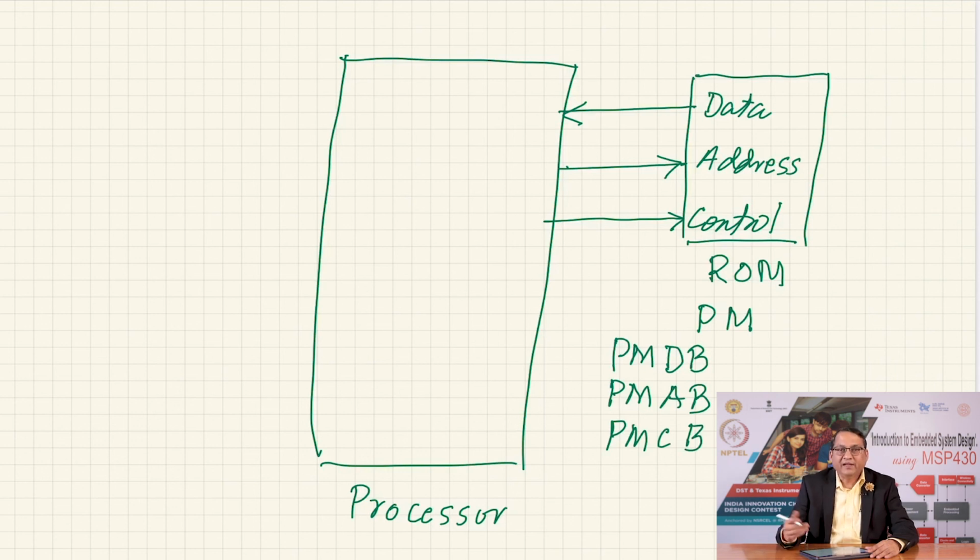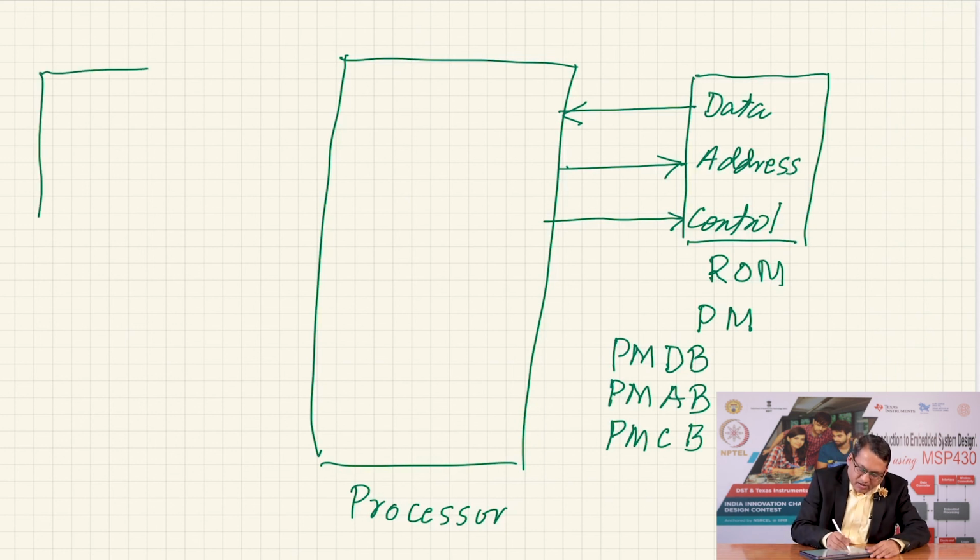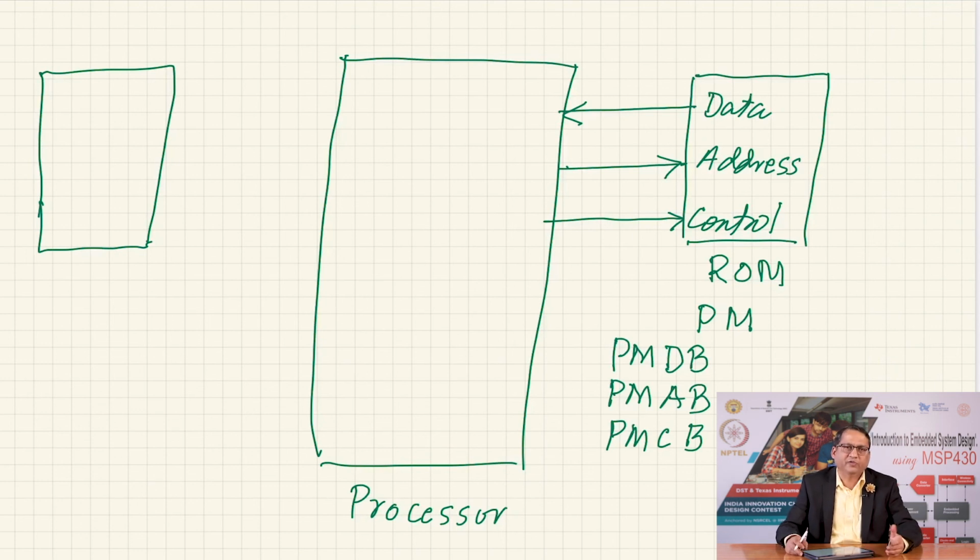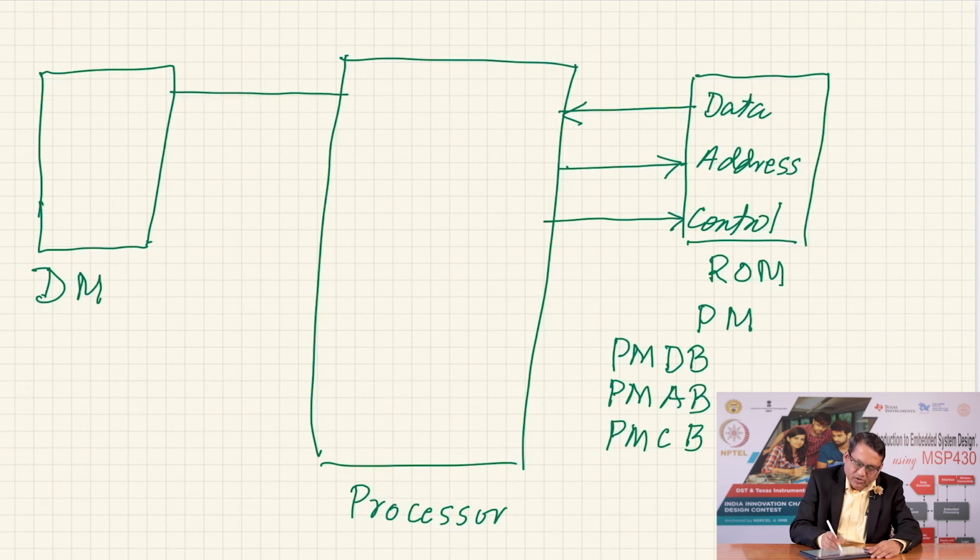You want parallelism in the activities that this processor does. So, you have one more set of address map which allows you to connect to a data memory. Now data memory could be RAM. Most often it is RAM, but it could also be ROM because you want to read some constants and so on. So this is, I'll refer to it as data memory. And again here you would require the data bus, but now they are bidirectional because you want to be able to write data.